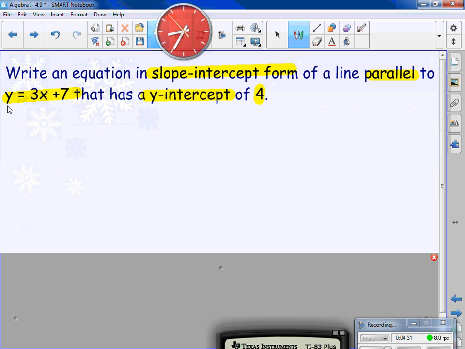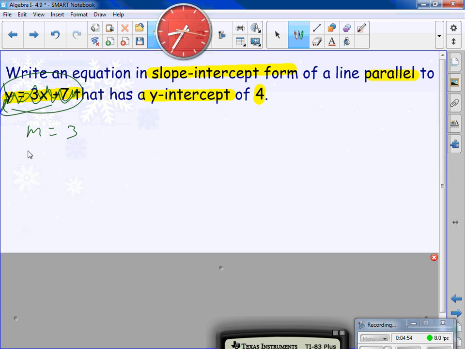Out of here, I need to find the slope. What's the slope out of that equation? 3. Once I have the slope, I'm done with this. I don't need this any longer. The only thing I need to get out of that one equation is the slope.